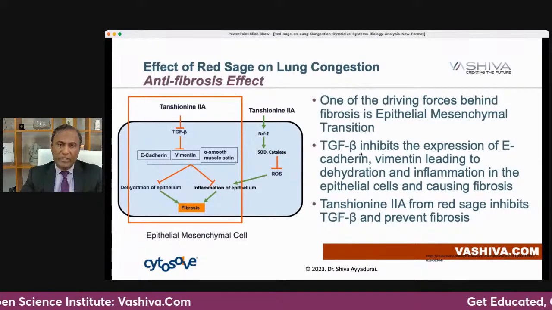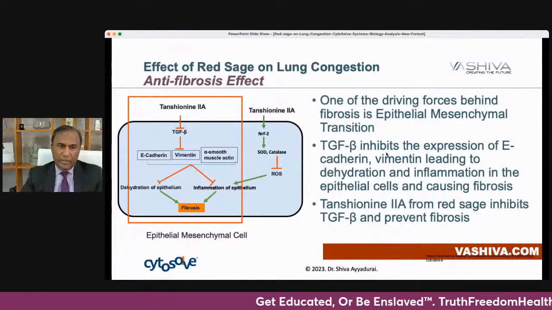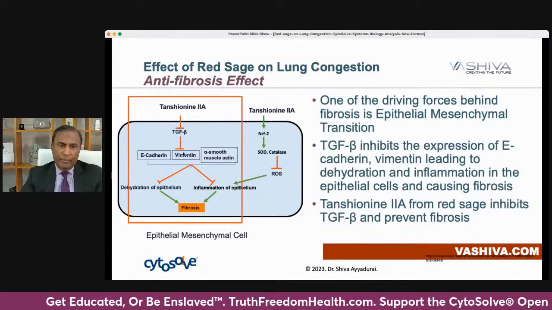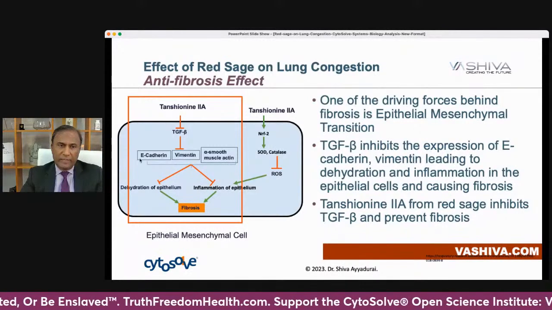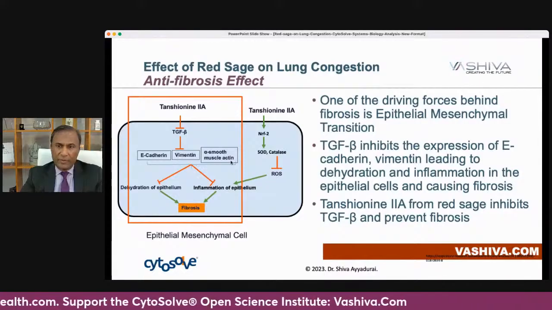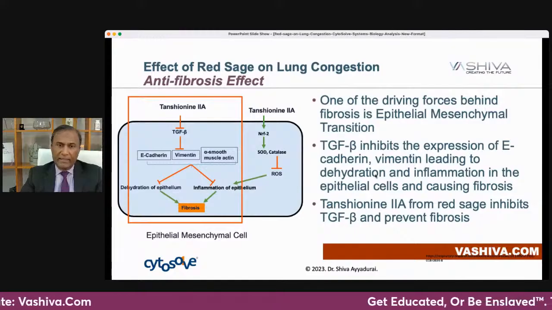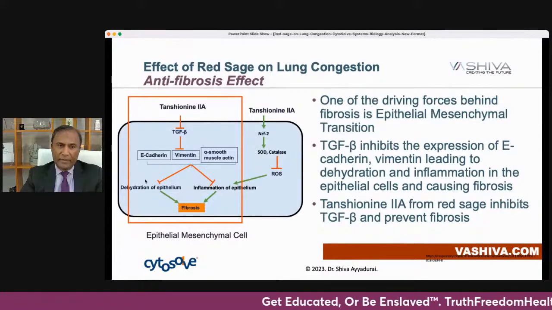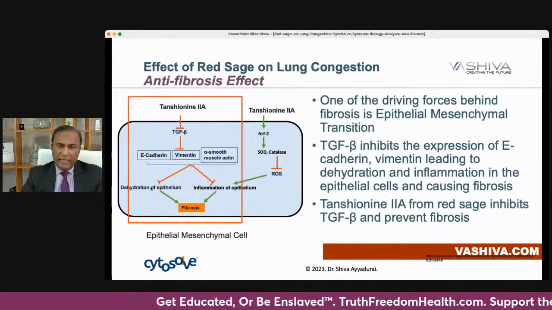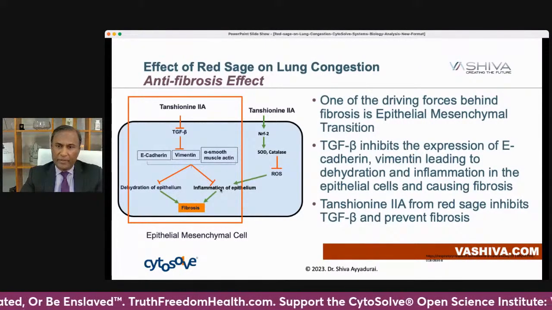When you have TGF-beta, which is one of these cytokines, it inhibits the expression of E-cadherin. So if you have TGF-beta when you have lung congestion, that blocks the expression of E-cadherin, and Vimentin and alpha smooth muscle actin go up. So when TGF-beta inhibits expression of E-cadherin, Vimentin leads to dehydration of the epithelium. This blocks this, and you get dehydration, and inflammation also occurs in the epithelium.